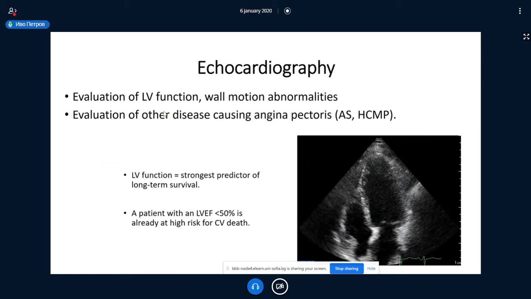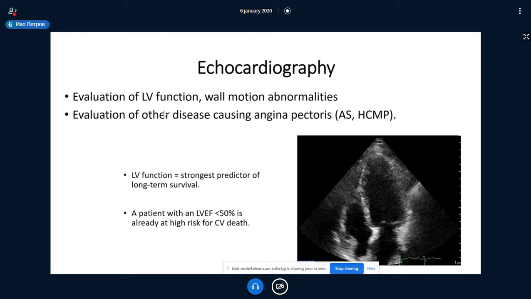I mentioned several times that echocardiography is very specific. Why? Because during ischemia, so lack of perfusion, one of the first disturbances is wall motion abnormality. So the ischemic myocardium cannot move, cannot exercise, because the myocardial mass needs the supply in order to move.